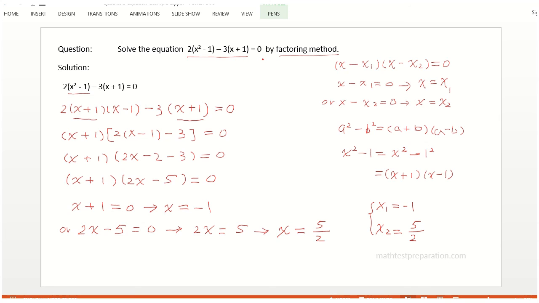By testing, we find x1 = −1 and x2 = 5/2 satisfy the original equation. So x1 and x2 are two solutions of the given equation.